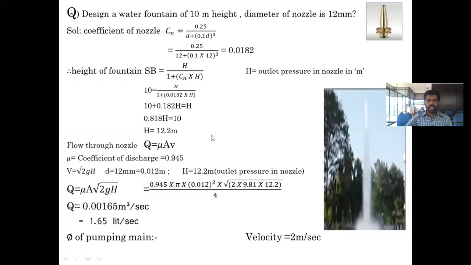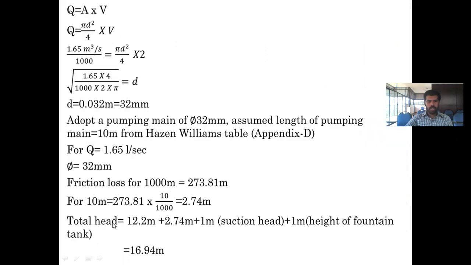Here we are finding the head, right? Here you have found out the total head: this 12.2 meter length plus 2.74 fitting loss. That will be changing depending upon this 10 meter.